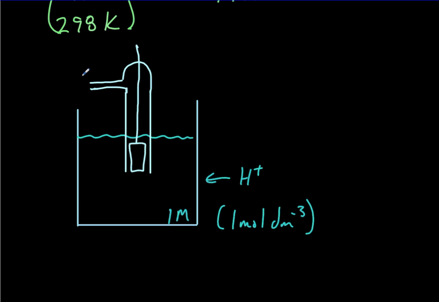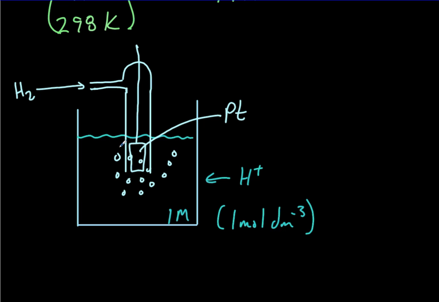And into here, you're going to pump hydrogen gas. This electrode inside of here is made of a non-reactive metal, so it's platinum. You pump H2 gas in, so the electrode is surrounded by hydrogen gas, passing over it and coming near the surface.